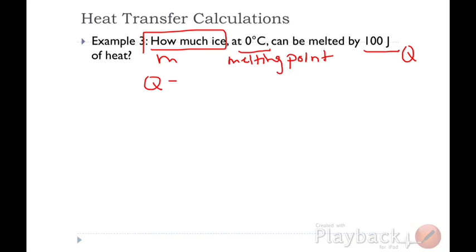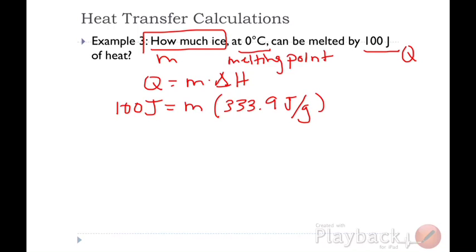So we would write down our equation, and then we would fill in what we know. So we know that we get to expend or absorb 100 joules of energy. We're looking for M. We're going to then multiply the heat of fusion here because we're at the melting point.